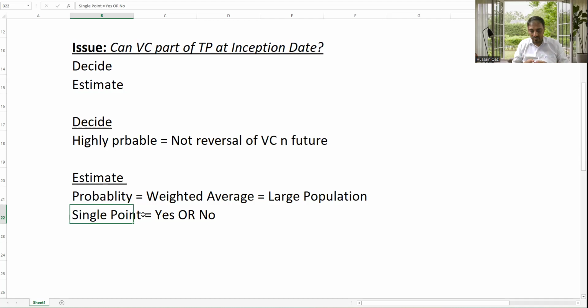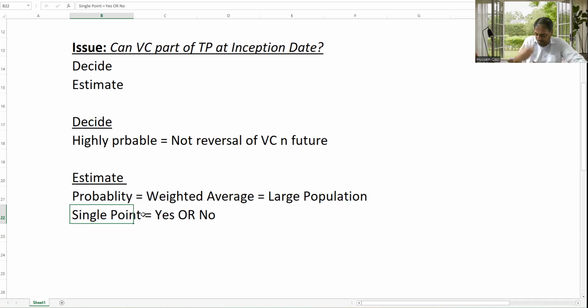For example, if there are multiple chances of output, then we will use the probability for estimations. But if there are not multiple outcomes, there are only 2 chances, either yes or no, then the single point.